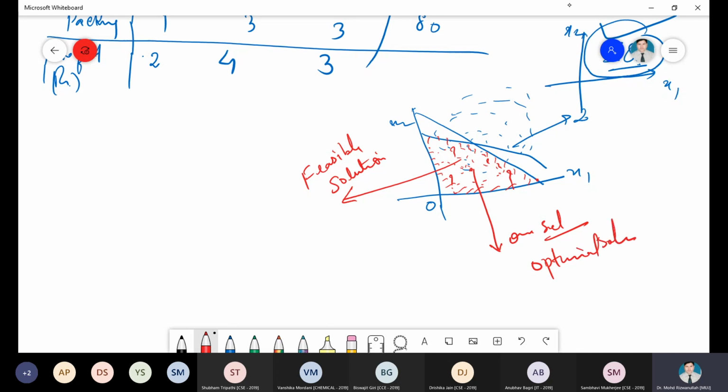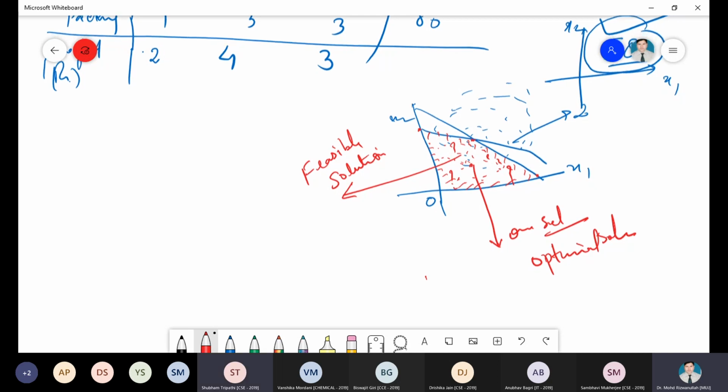It is the point where our profit is maximum or our cost is minimum. The coordinates of x1 and x2 at that point represent the optimum solution, telling us how much x1 and x2 to produce. Getting my point?